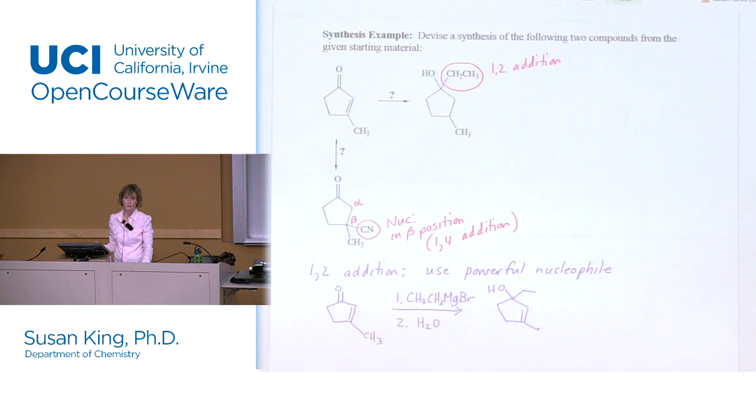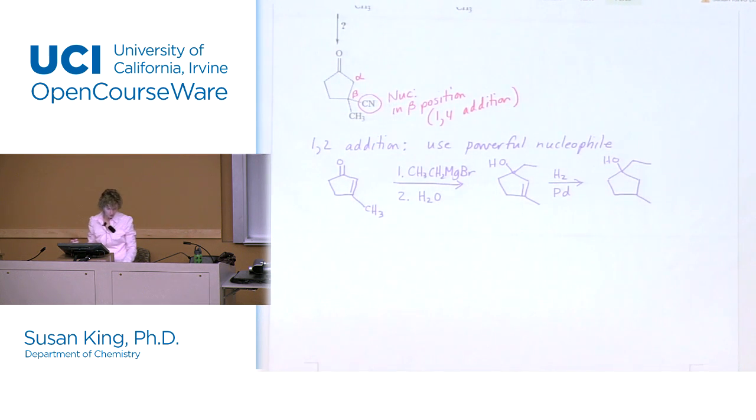And what do we still need? What do we need to do to get the product? H2, palladium, how about that? So that's the 1,2 product followed by a reduction.